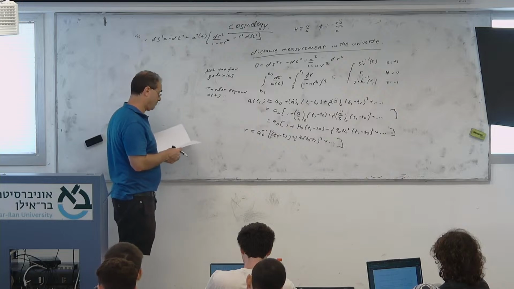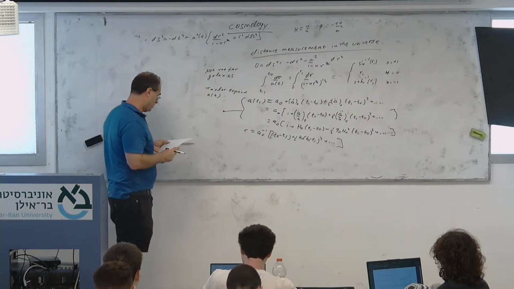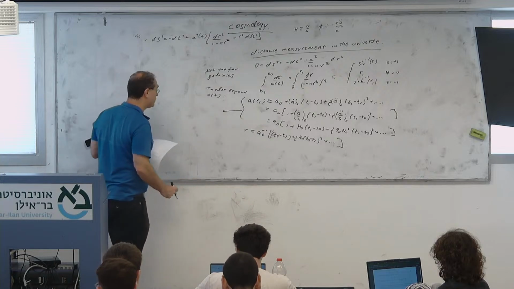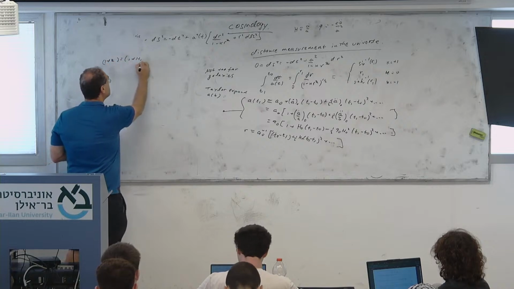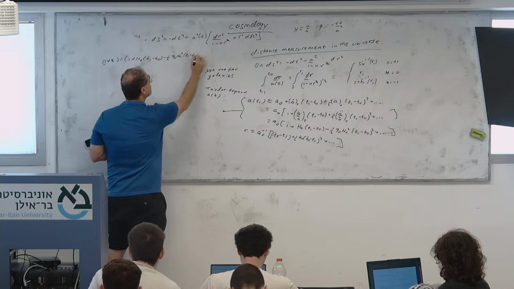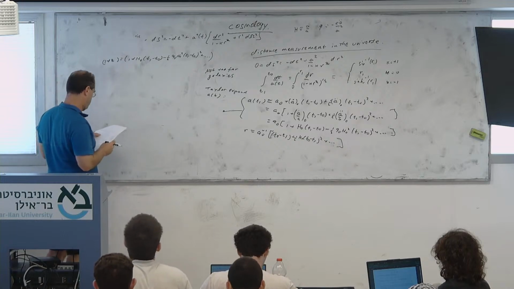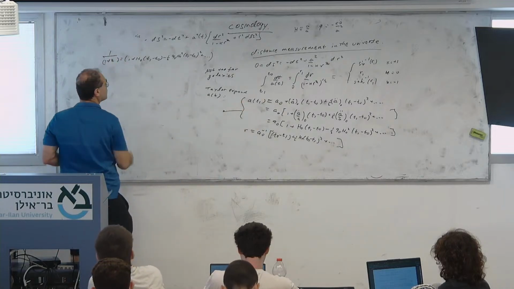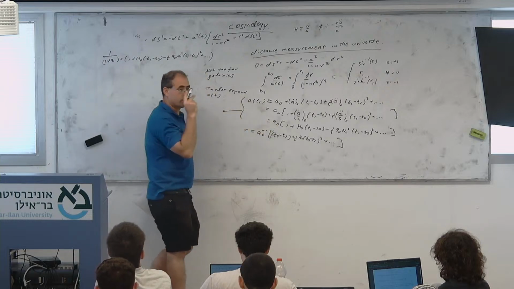Take that equation and divide by A0, and I have A over A0, which is simply 1 plus Z. So I have 1 plus Z equal to 1 plus H0 (T1 minus T0) minus 1/2 Q0 H0 squared (T1 minus T0) squared plus whatever. Right, A1 over A0 is 1 over 1 plus Z.